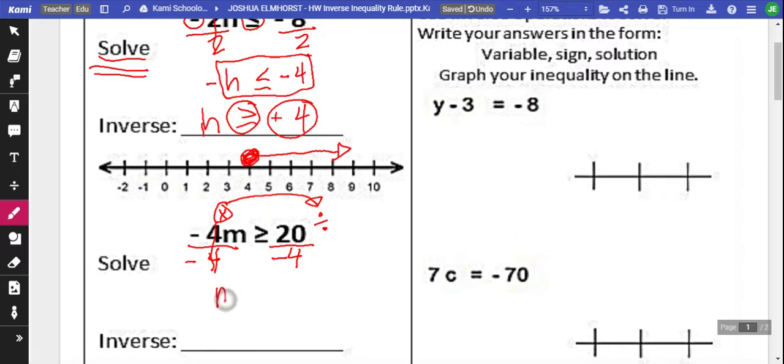So this is going to be m. 20 divided by 4 is 5, and then a positive divided by negative is negative. But then, because we had this negative variable over here, we're going to flip this around in our answer. So the inverse is going to be m is less than or equal to -5.